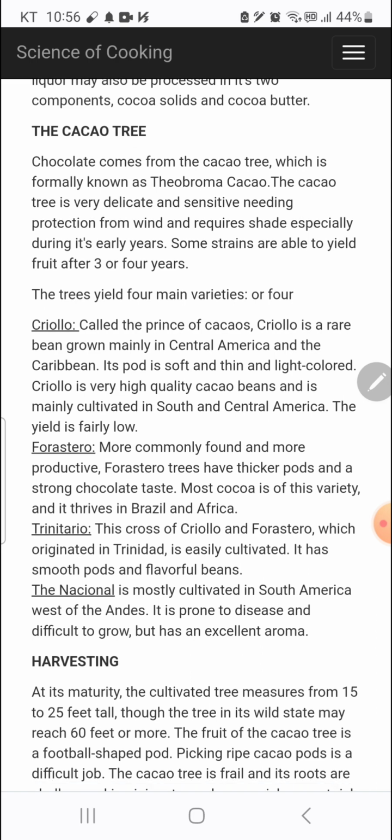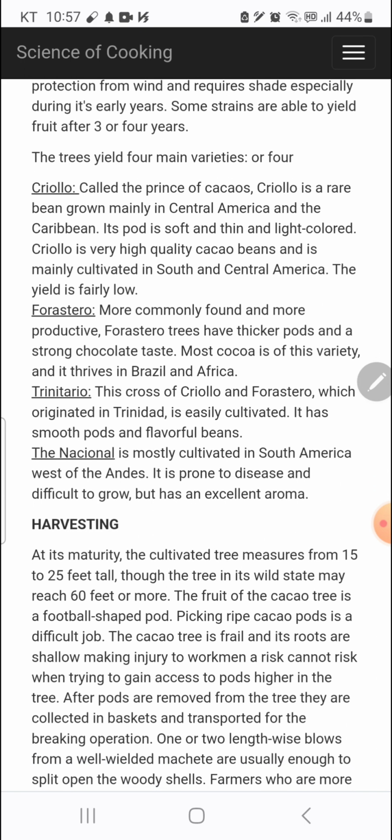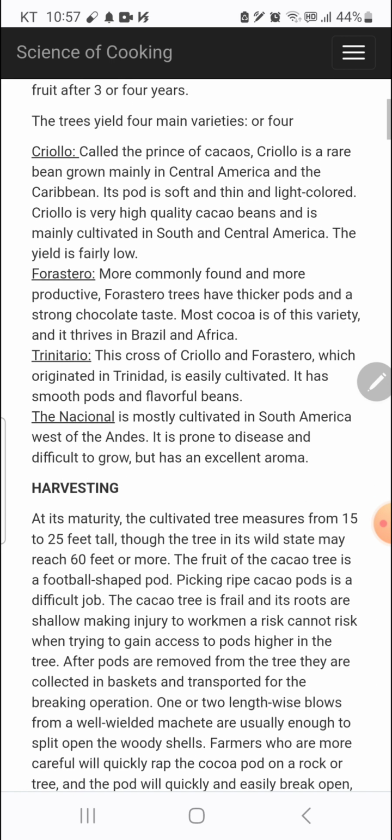Some strains are able to yield fruit after 3 or 4 years. The trees yield 4 main varieties: Criollo, Forastero, Trinitario, and Nacional.